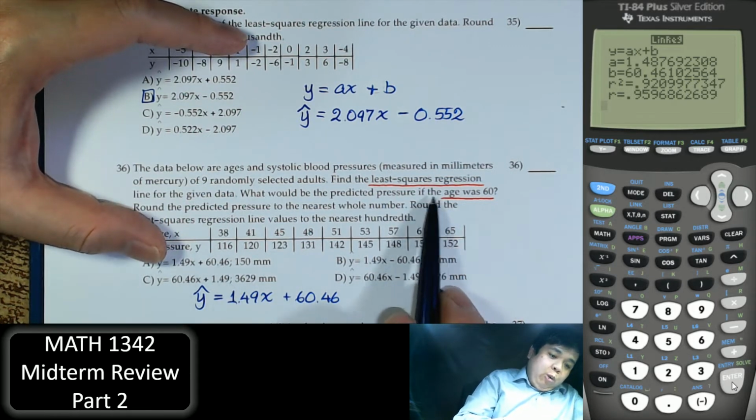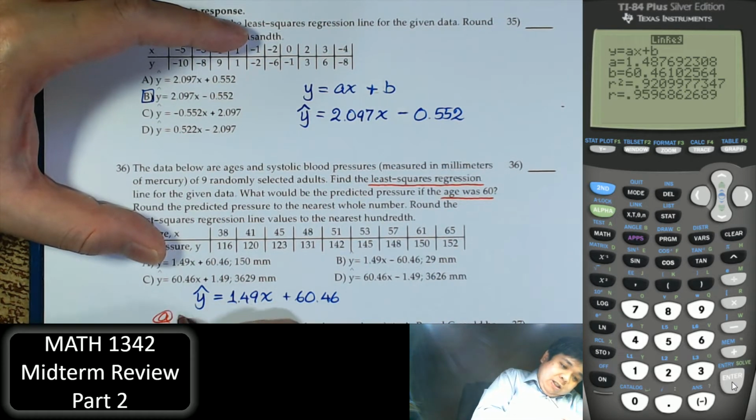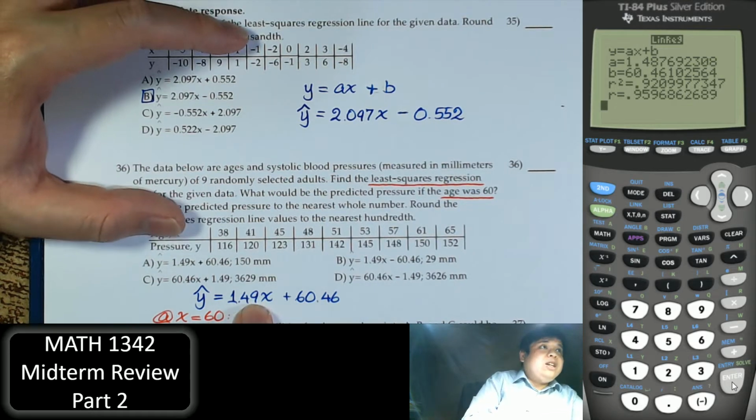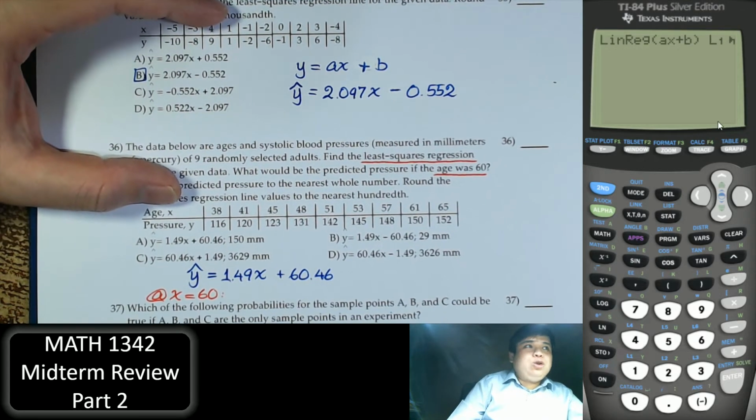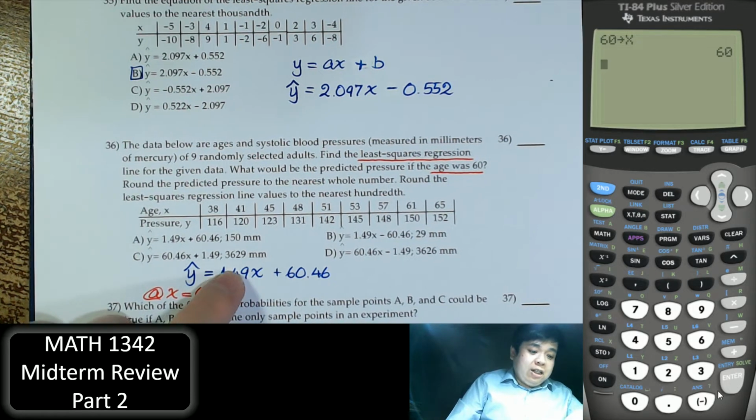Now we will predict when X equal to 60. And we just put 60 in the equation and do that. So this should be easy. First we let 60, hit 60, and the STO key here, let's store into X. And then we evaluate this equation.